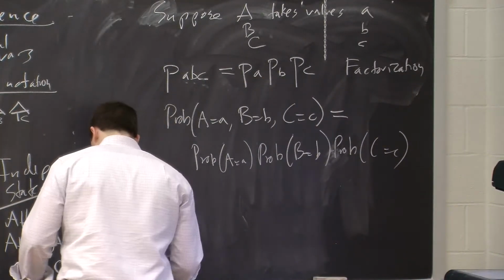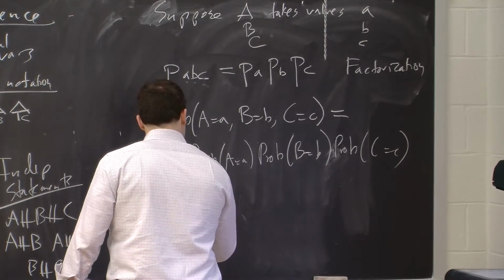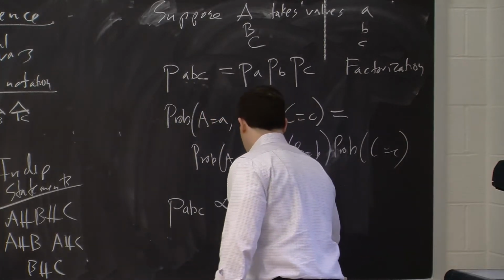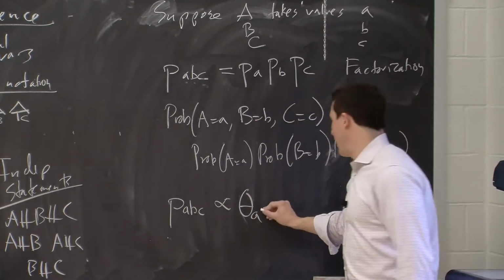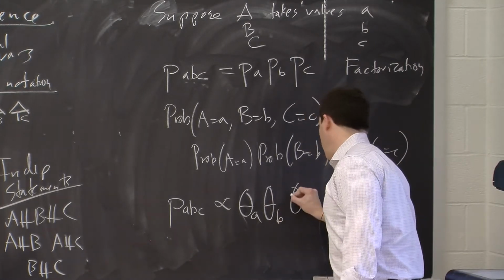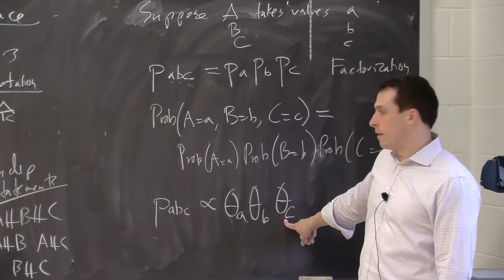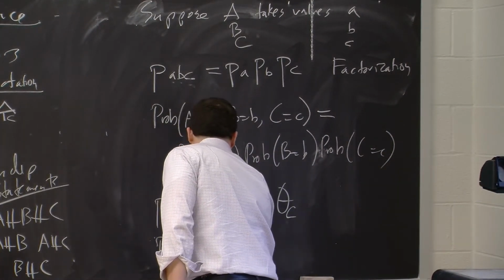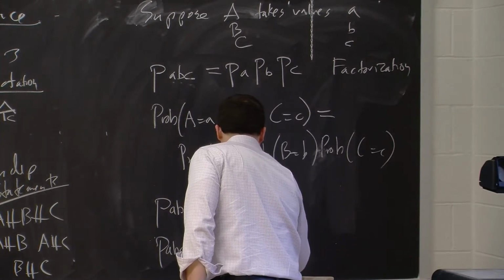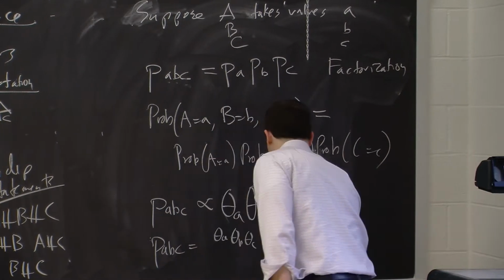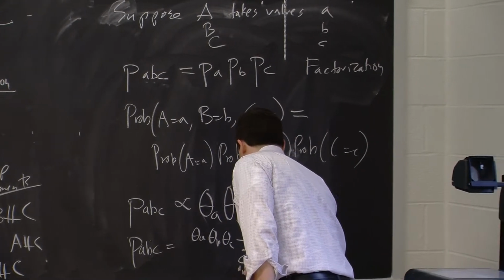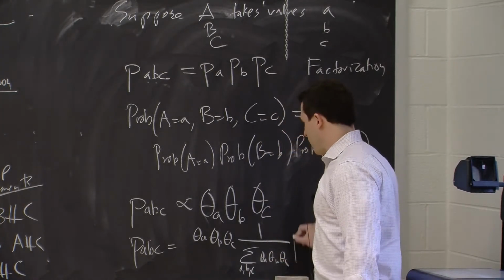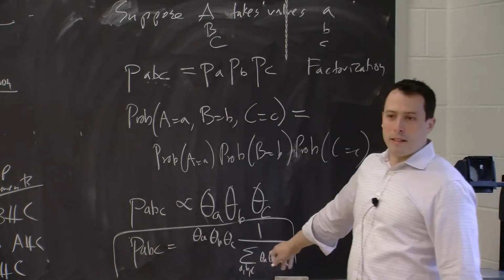And when we go to write down our model or parameterize it, we might also express this by saying the probability of ABC is proportional to some parameter which depends only on the state of A times some parameter that depends only on the state of B times some parameter that depends only on the state of C. For example, we might say this is theta A, theta B, theta C times 1 over the sum over all possible A, B, and C of theta A, theta B, theta C. So this is a perfectly good way to describe the independence model on 3 variables.